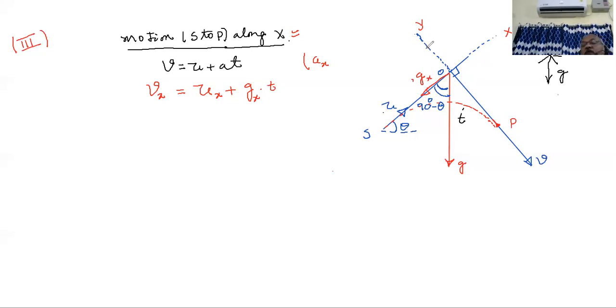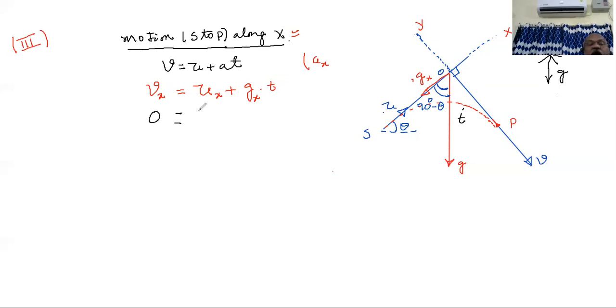A pure y vector has no x component. Similarly, a pure x vector has no y component, no z component. Because the final velocity is perfectly along the y direction, its x component must be 0.